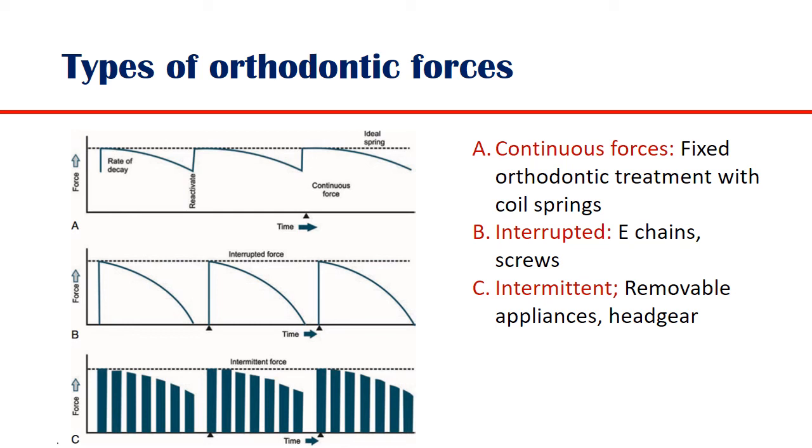After that, the force is going to become zero. Then next time when the patient comes to you, you're again going to activate it, and then it falls to zero. On the other hand, if you have a removable appliance and you are putting that appliance, some force is being generated, and the force level even in a removable appliance is going to go low.